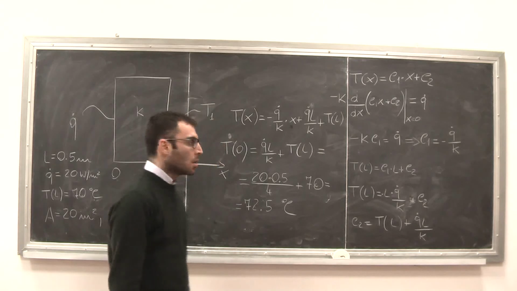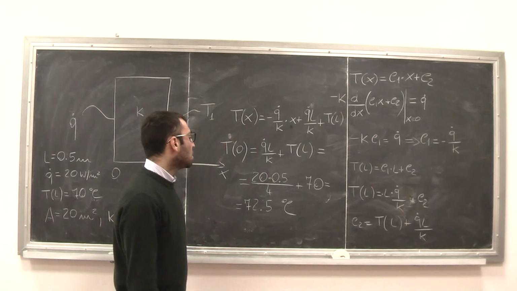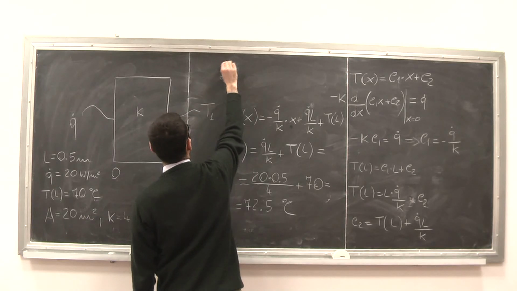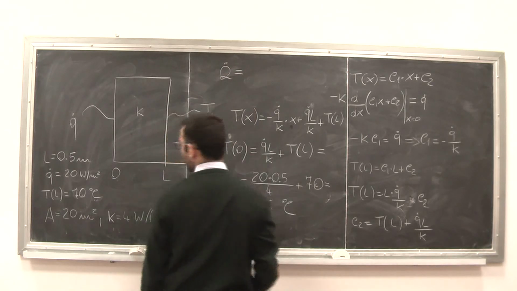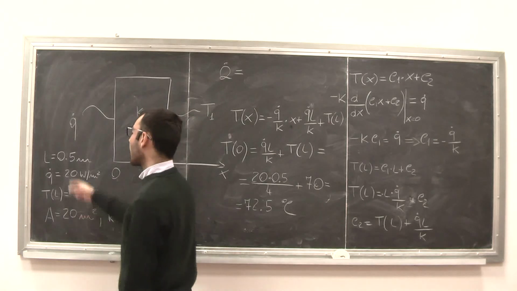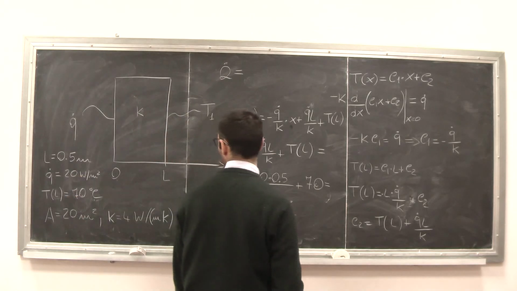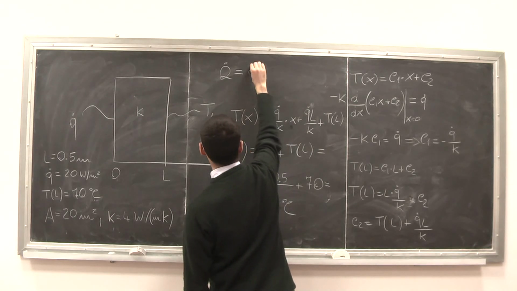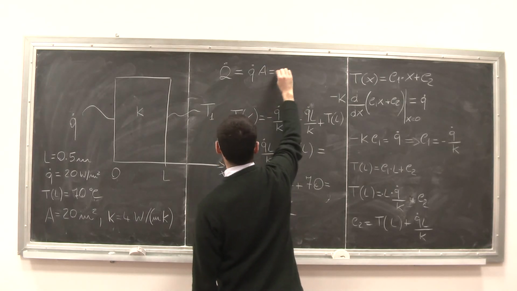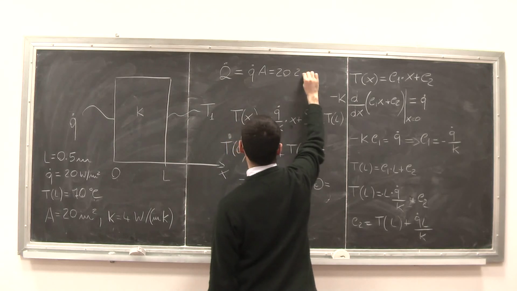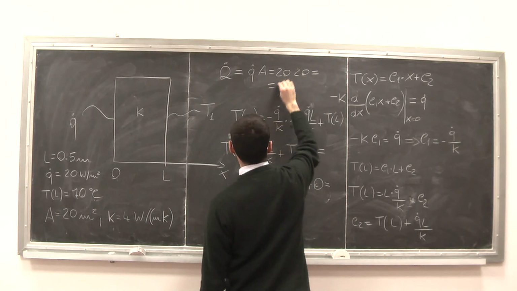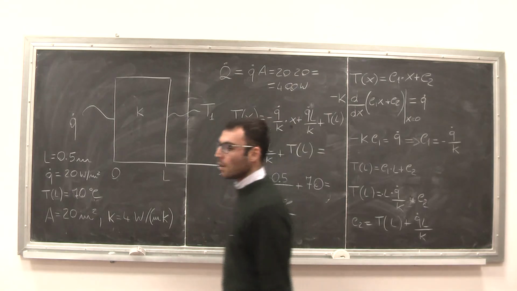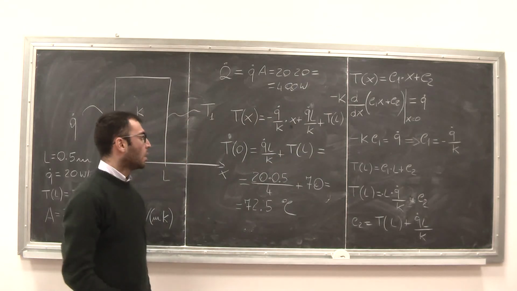Now we would like to determine the heat transfer rate Q dot. In this case it is very simple because we know the heat flux and we know the heat exchange surface, so we can write Q dot times A, 20 times 20 equal 400 watt. In this way we have determined Q dot.